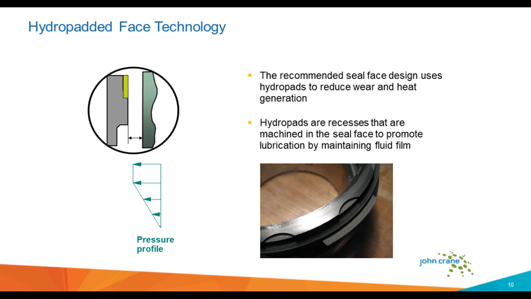If you look at the pressure profile again, by introducing that cutout into the face, you introduce more fluid all the way down into the sealing interface, thus maintaining a fluid film all the way across and minimizing the vaporization of that liquid.